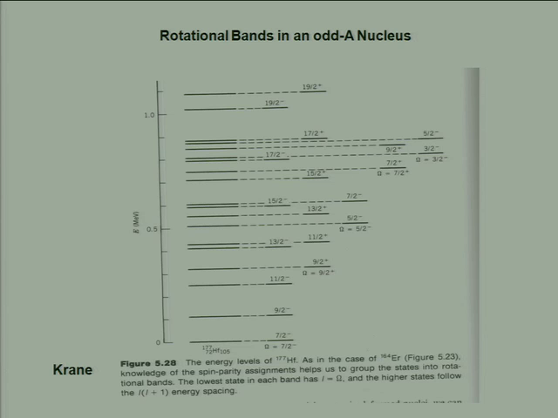However, because it's an odd A nucleus, it doesn't have a 0 plus ground state. In fact, it's got a 7/2 minus ground state. And you can build rotational excitations on top of that, okay? So this is a deformed nucleus in its ground state. In this particular situation, the projection of this 7/2 minus angular momentum on the symmetry axis is 7/2, so it's as aligned as it can be.